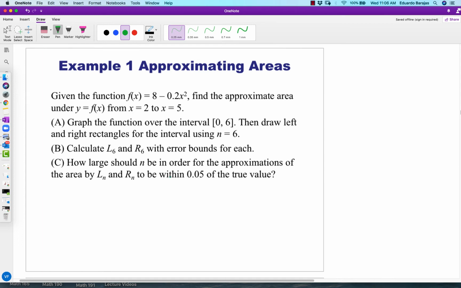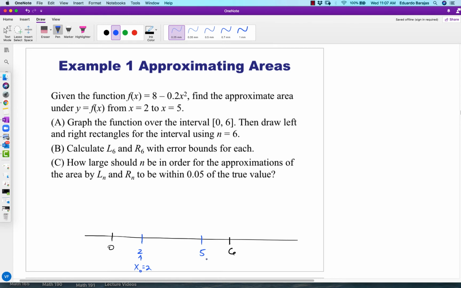Let's think about our delta x, for example. Our number line, let's say, starts from here. That's 0 to 6. So we're going to graph it from 0 to 6. But we're really only interested in the parts between 2 and 5. So here's 2, and here is 5. So that means that x sub naught is going to be equal to 2.